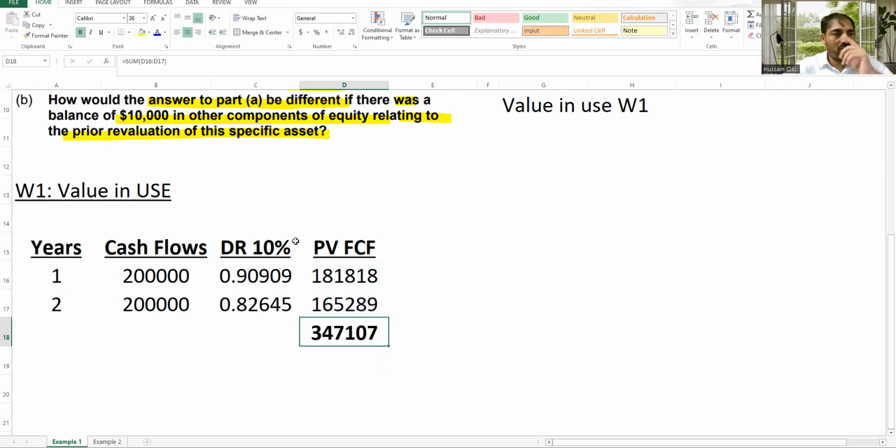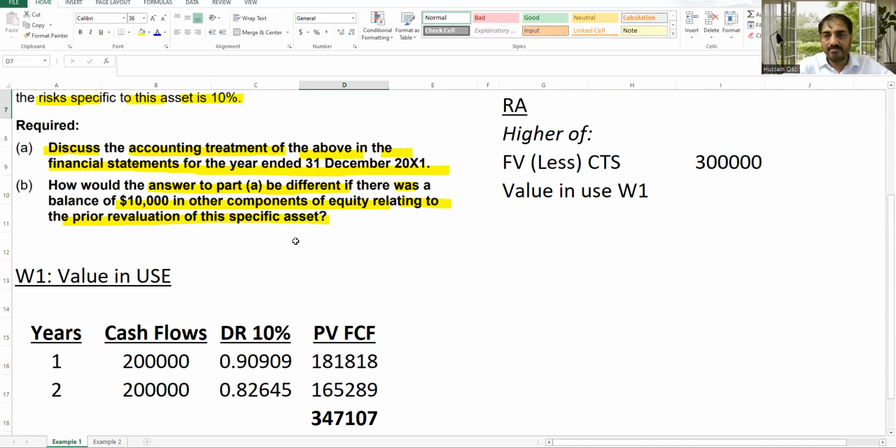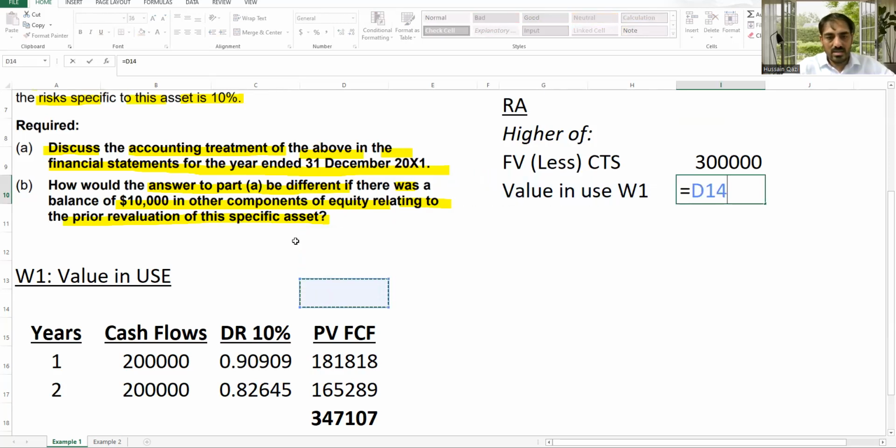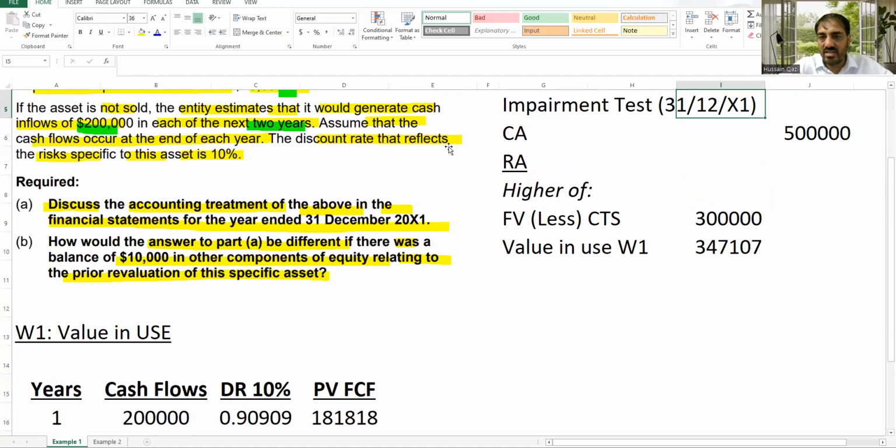And this is 347,107. That is the figure, 347,107.